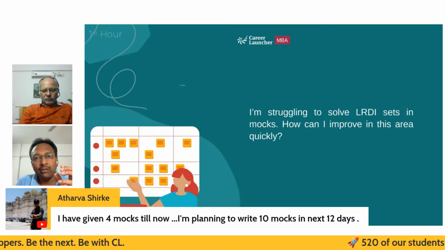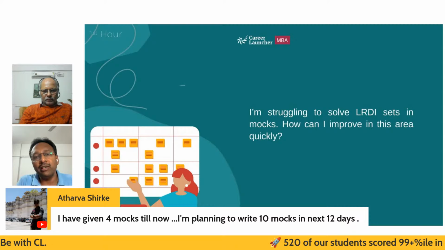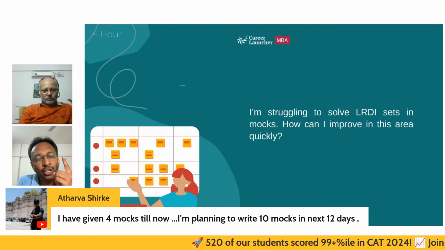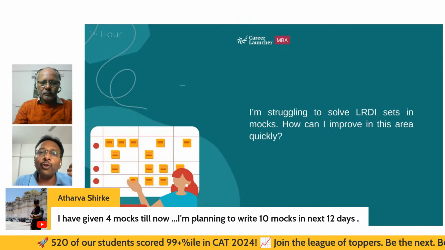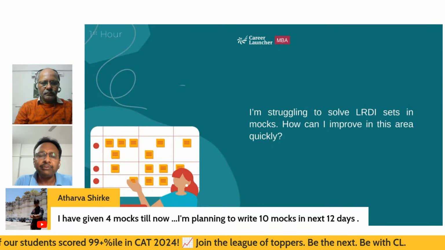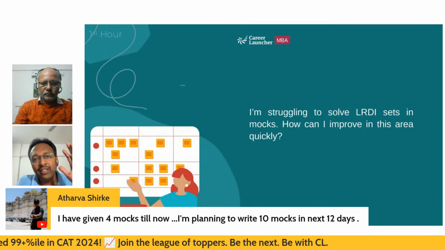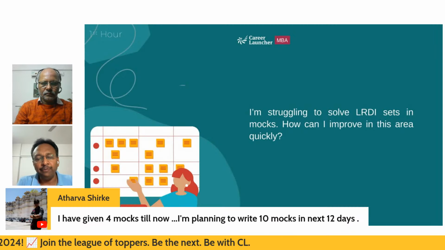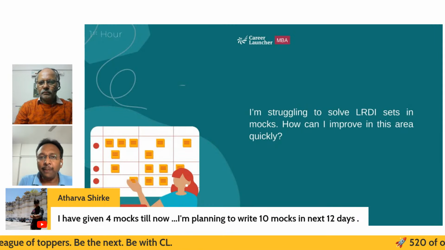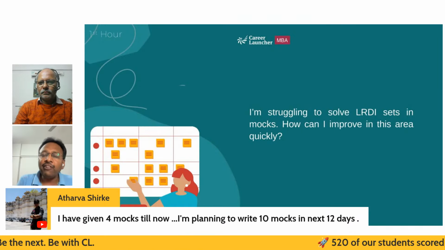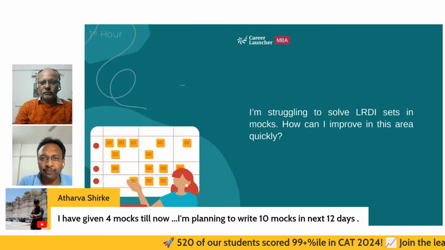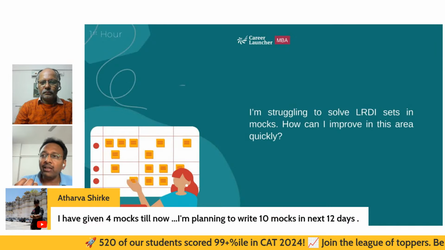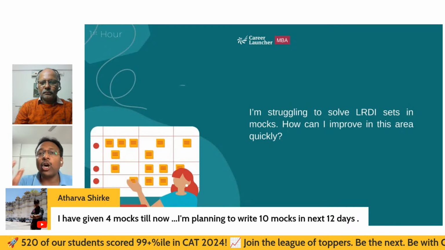When you finish a mock and analyze it, look at that as a very significant part. Seeing that you thought of doing something in your mock, did you achieve that at the end of the day? The second part is, after having written the mock, there will be questions where you did not attempt, or questions where you attempted but got them wrong.